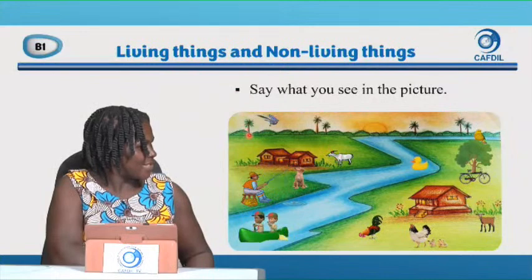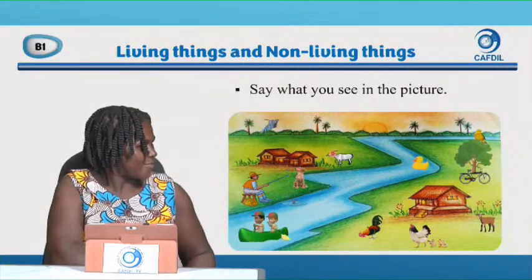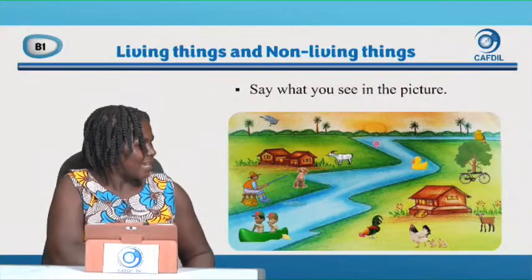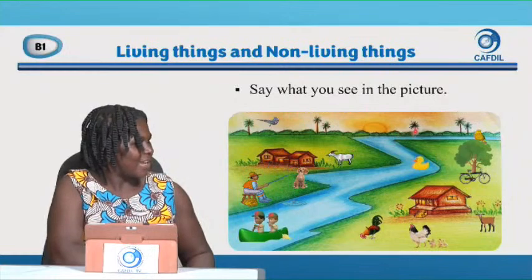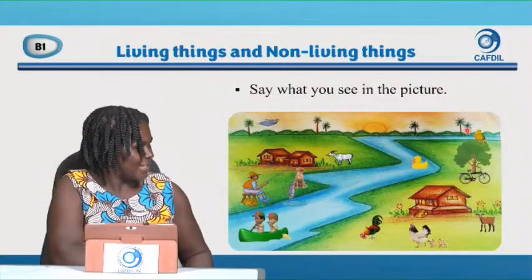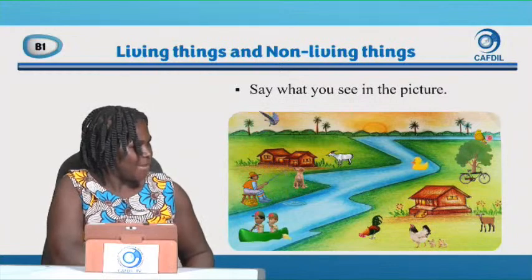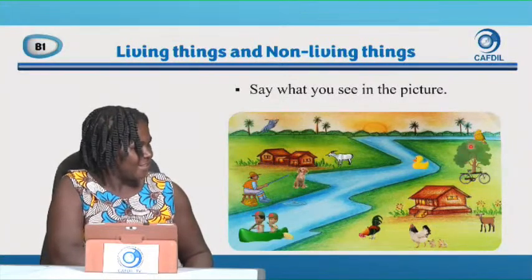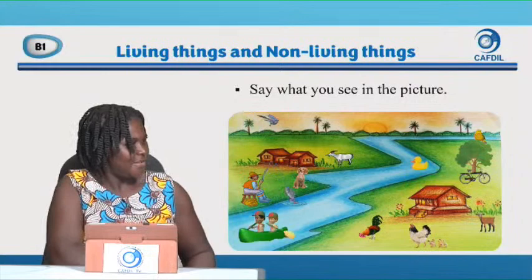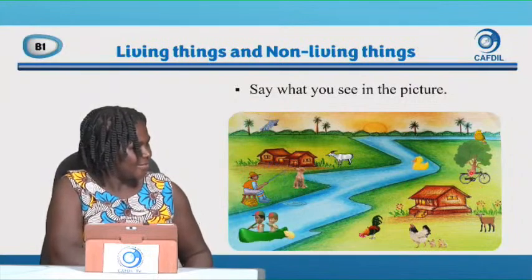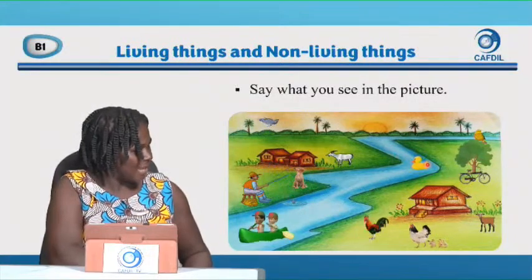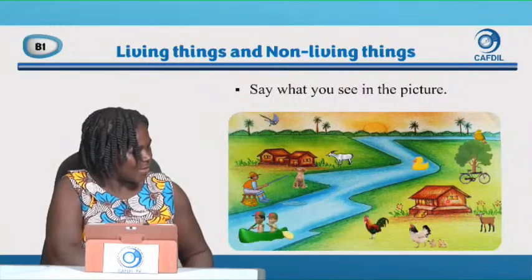We have trees. One is here. We have 2 trees, another one and another one here. We have a bird on the tree. We have a bicycle and a duck on the water. We have another house.